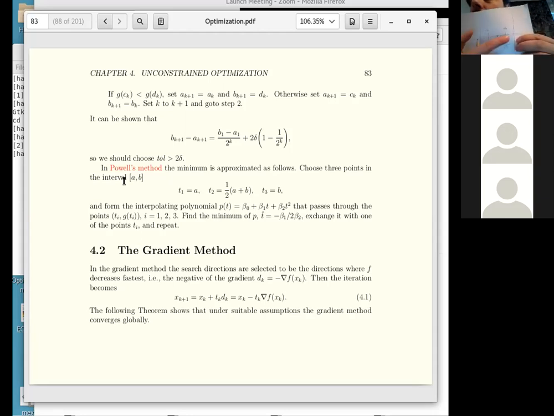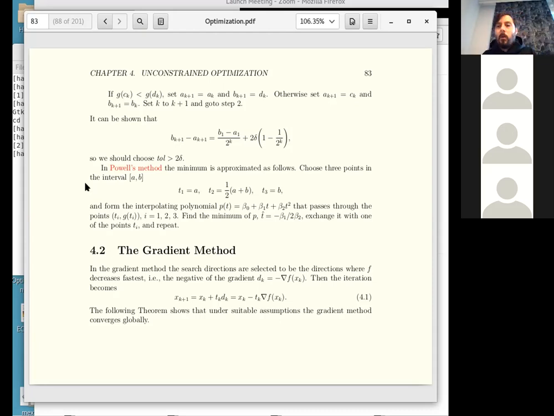We compare these 2 points. We make sure that the smaller one of these points is retained in the interval. So if this is bigger, we move this side here, meaning that we are guaranteed that now the minimum is in this interval.